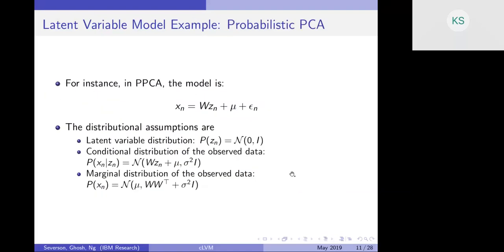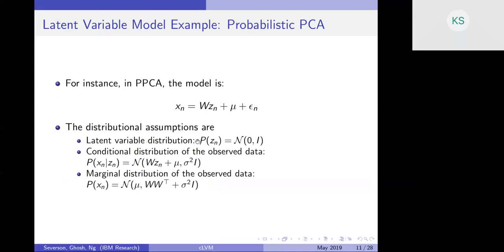To give a particular example, you might be familiar with the probabilistic extension of PCA, which is known as PPCA. That model looks like this, where we have our observed data X sub n, which we project into some lower dimensional space Z sub n using the transformation W. It has the corresponding distributional assumptions.